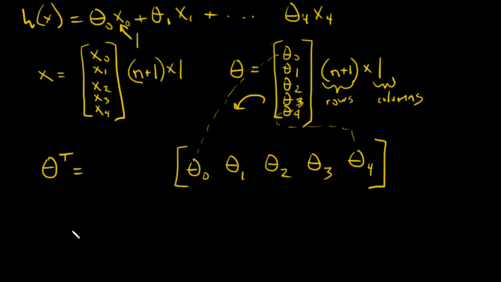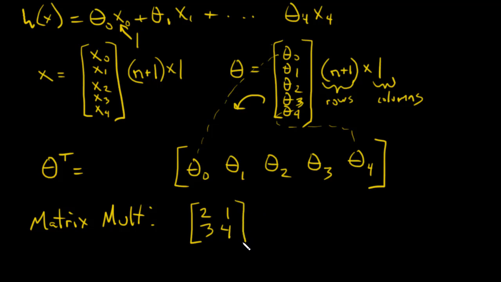Because if you remember, for matrix multiplication, here we go. Let's say I have something not so bad. Maybe 2, 1, 3, 4 times, let's go with maybe 2, negative 4. Okay, this is a 2 by 2. This is a 2 by 1.